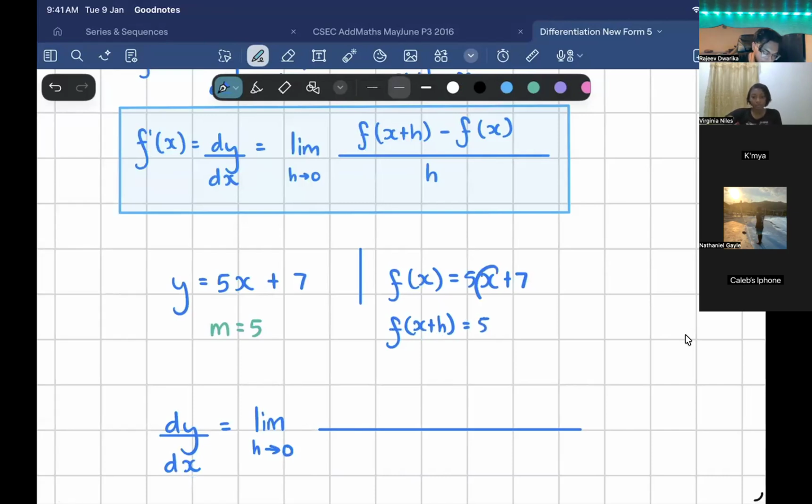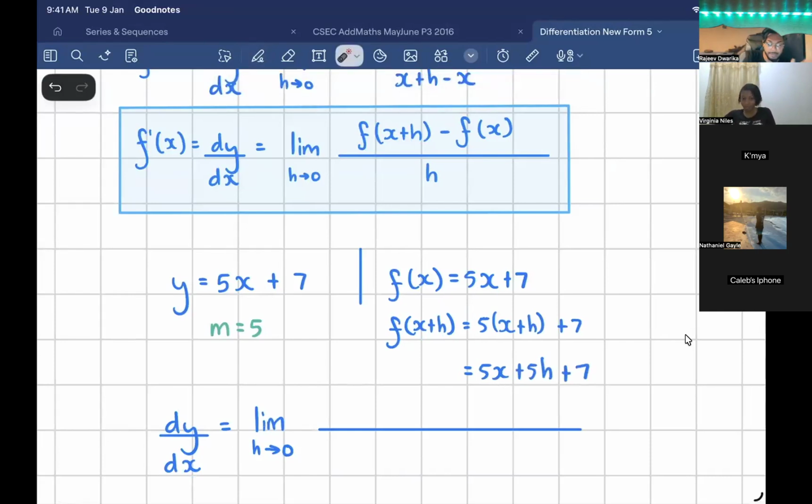So instead of writing 5x, what am I going to write? 5 times x plus h, in brackets. You've got to put it in brackets. Plus 7. We could expand the brackets: 5x plus 5h plus 7. Cool.